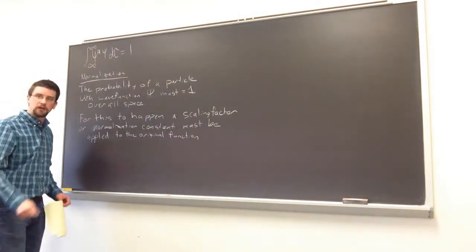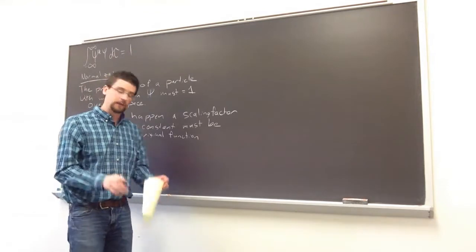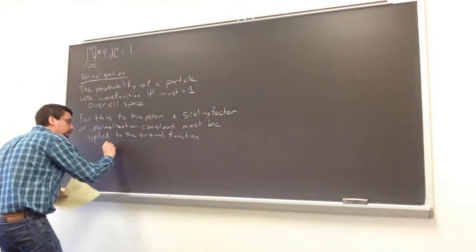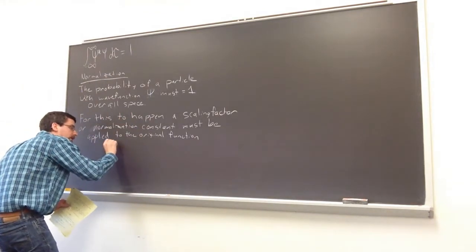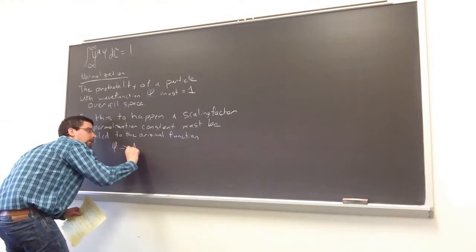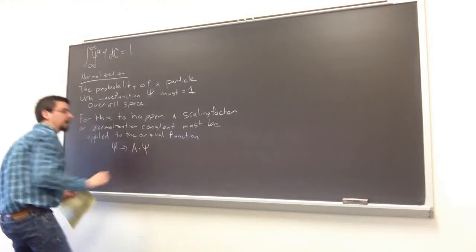We're going to show this normalization constant just with the letter A. So your wave function psi should actually become A times psi.